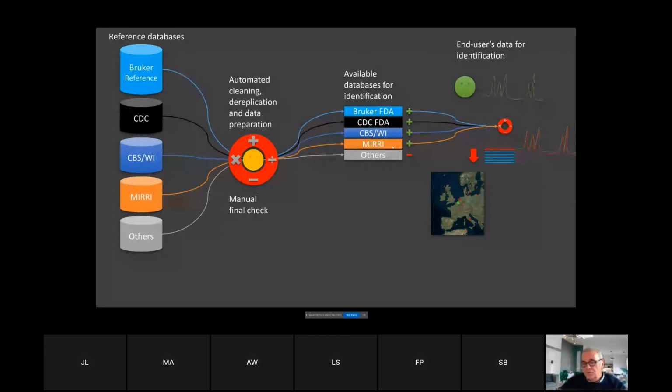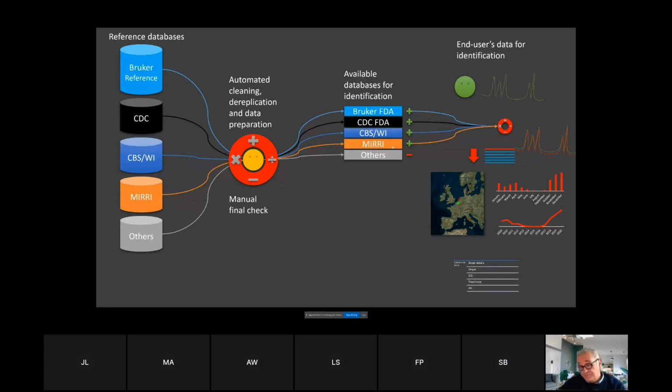The idea also is to keep track of the position where the sample has been collected, and also keep track of the seasonality of the samples, and also the years when they were collected.